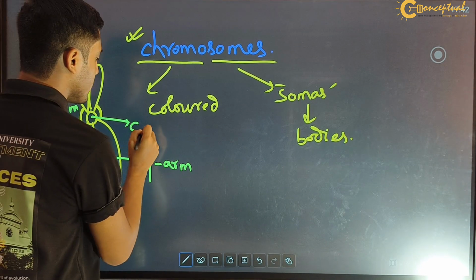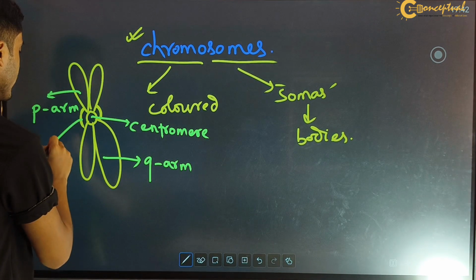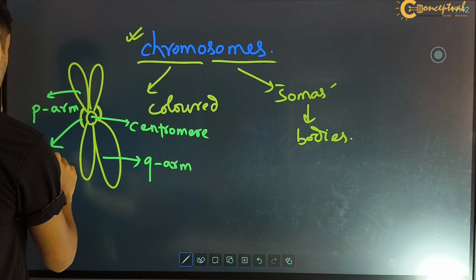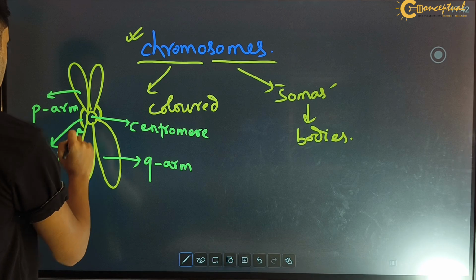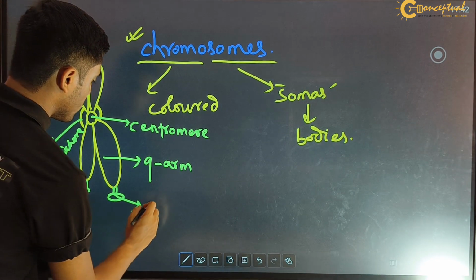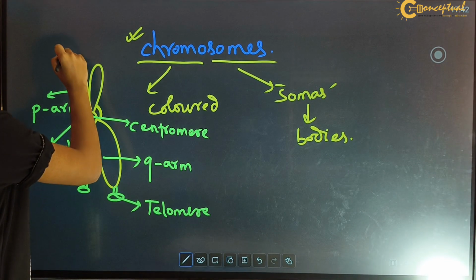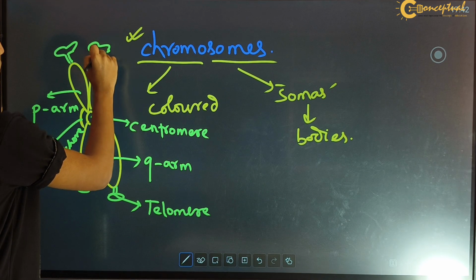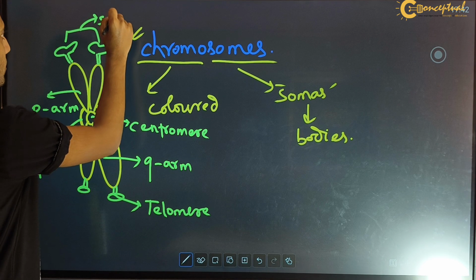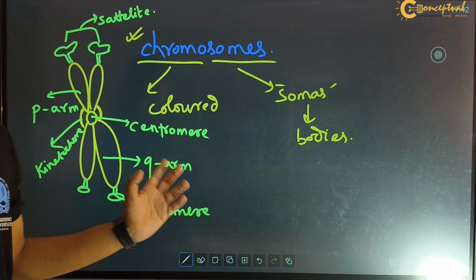The center portion is known as the centromere, whereas these two ring-like structures present on both sides of the centromere are known as the kinetochore. Then there is an end portion on the Q arm of the chromosome, which is known as the telomere. And there are some antenna-like portions on the top of the P arm, which are known as the satellites. So this is a rough diagram of how a chromosome actually looks like.